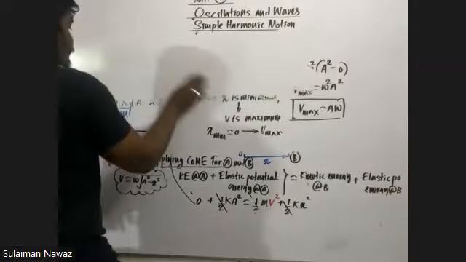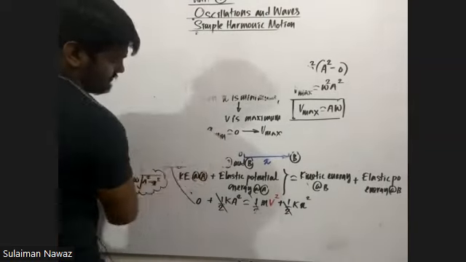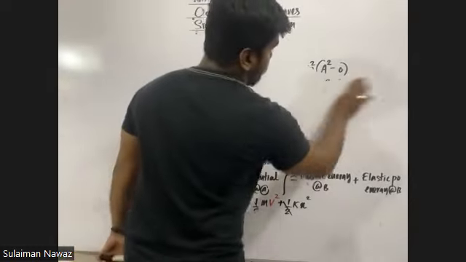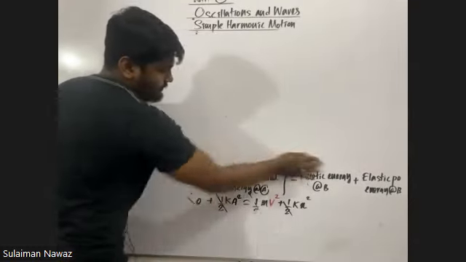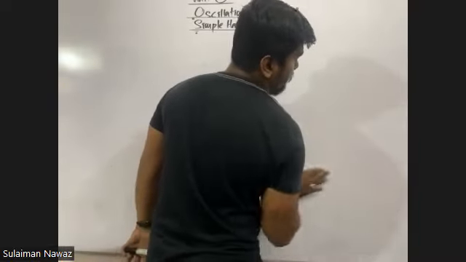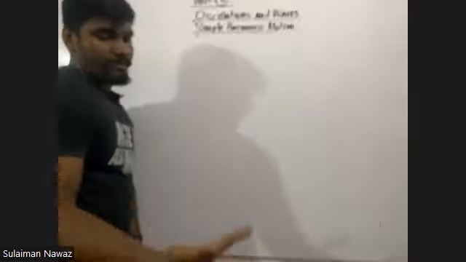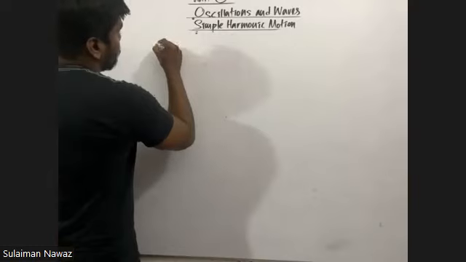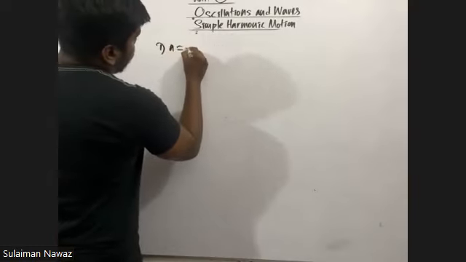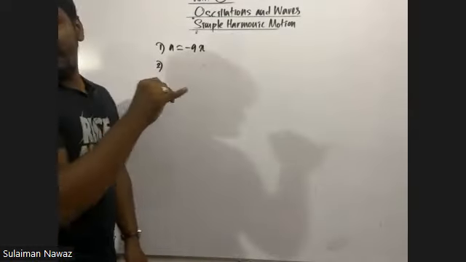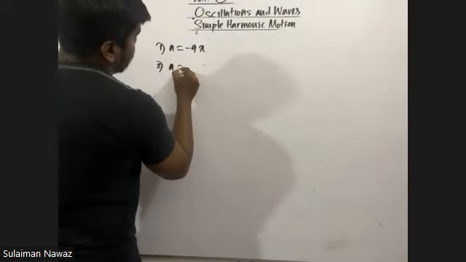Look at it. Number one, a equals minus 9x. Number two, a equals minus 5x.